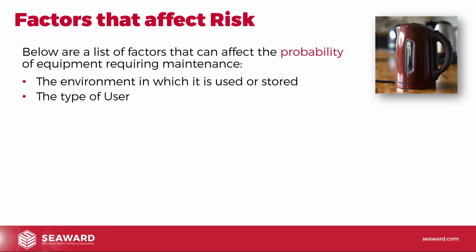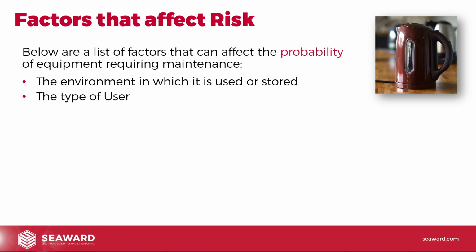The type of user. Again, you might think, how does that affect the probability of whether it's going to go wrong? But if we've got a user who's highly trained to use that equipment, and they understand how to maintain it, always put it away, clean it and put it back in the case, all those sorts of things, that means the probability of it needing maintenance is lower.